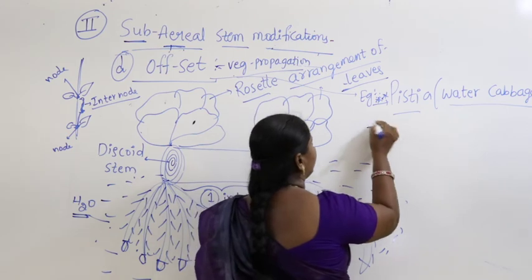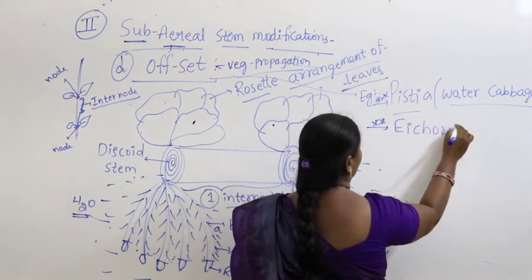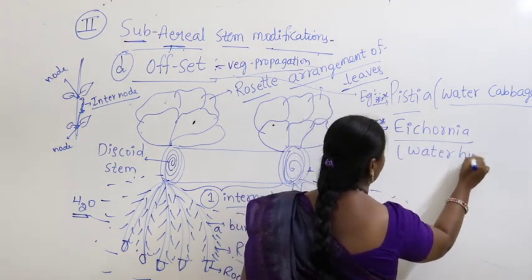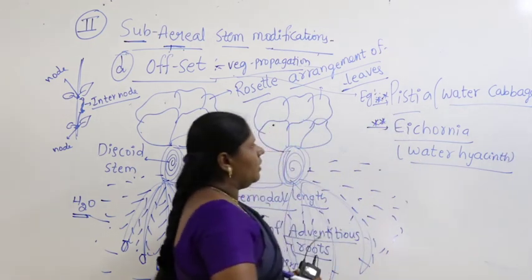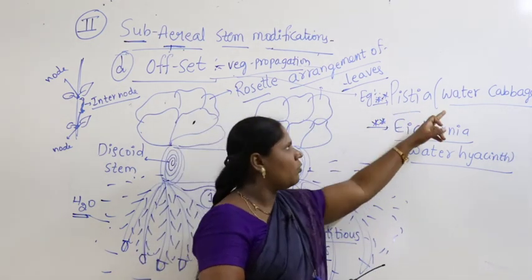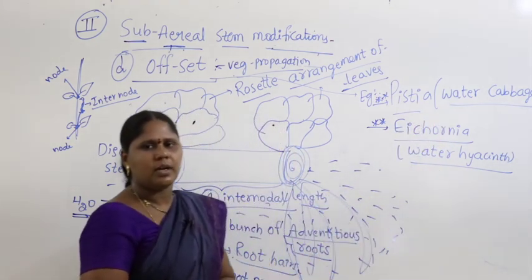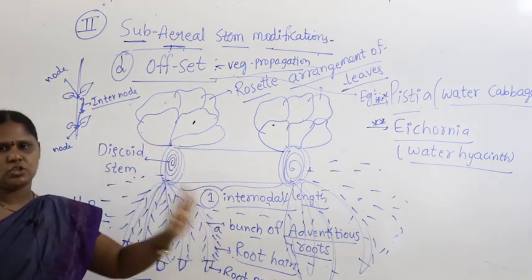Similarly, Hycornia, commonly called water hyacinth. Okay, Pistia is commonly called water cabbage. Hycornia is commonly called what? Water hyacinth. So this is nothing but subaerial stem modifications.